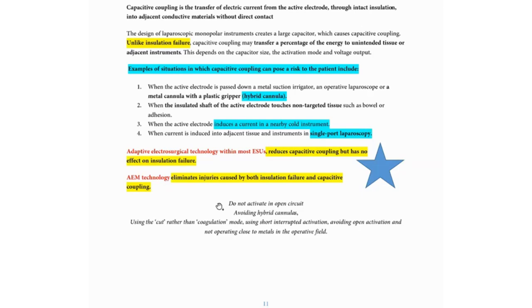But there is something called adaptive electrosurgical technology, this one, the one now that is mostly used in surgical units, which does not detect insulation failure. Don't forget about this. Stress over this. This can be an SBA.